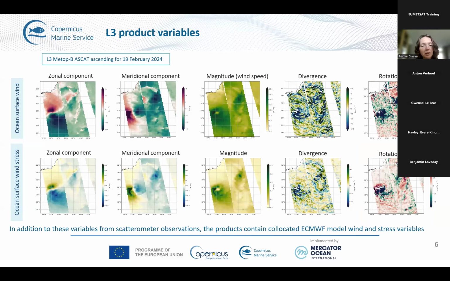And in addition to the variables provided from the scatterometer observations, the products also include collocated ECMWF model wind and stress variables. So for every location and time where we have a scatterometer observation, we also have the corresponding ECMWF model output.